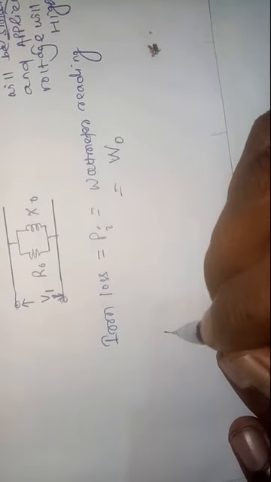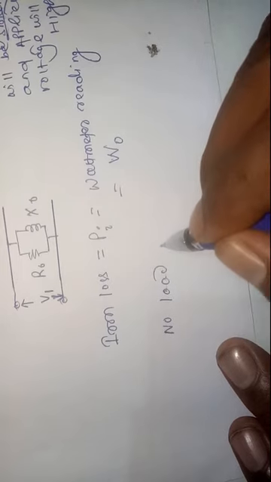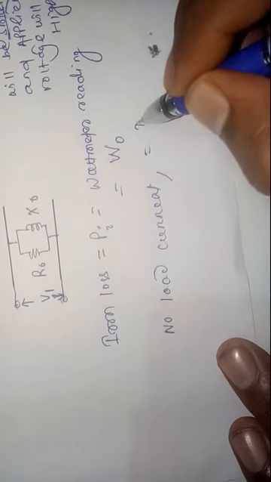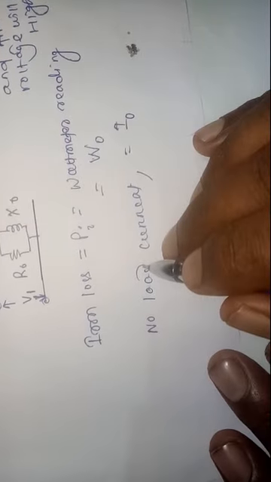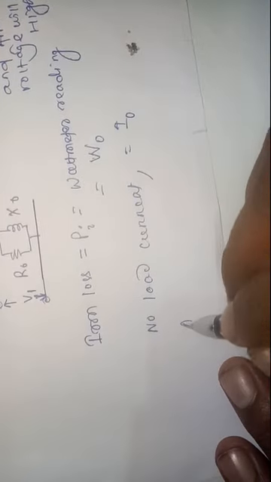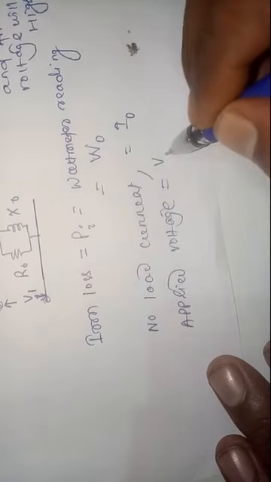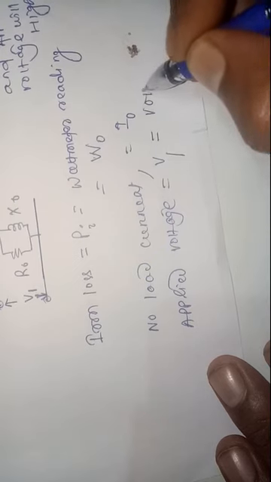Similarly, the no load current is equal to I0. And the applied voltage is equal to V1, that is equal to your voltmeter reading.